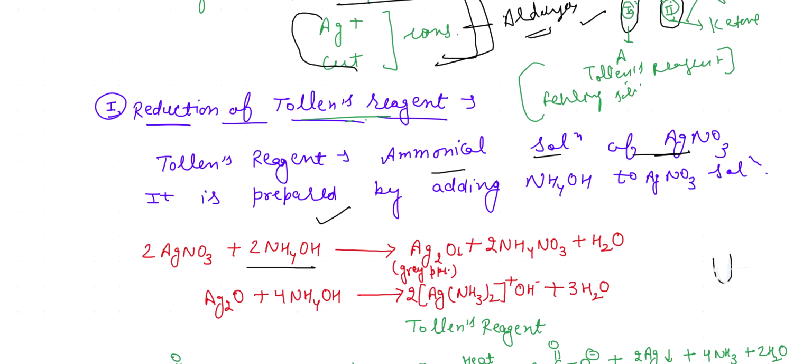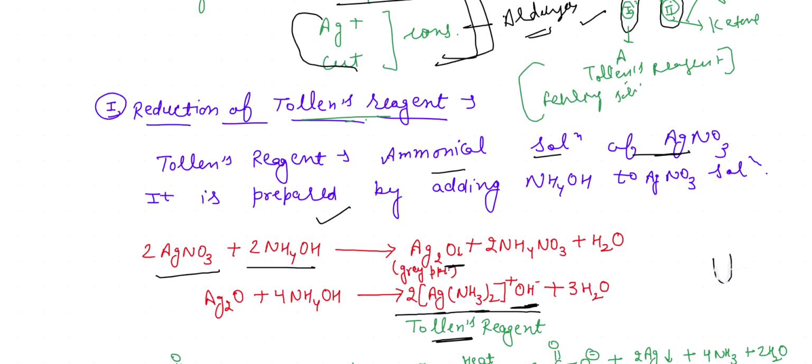Once the ammonium hydroxide is added to silver nitrate, there is formation of a precipitate of silver oxide, which is gray in color. Once this precipitate is formed, it redissolves. Upon redissolving, it forms Tollens reagent. This complex is silver and two molecules of ammonia, and the outer ligand is hydroxide. So this is known as Tollens reagent.